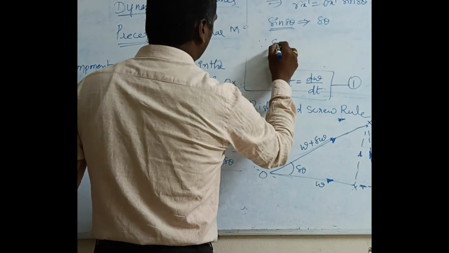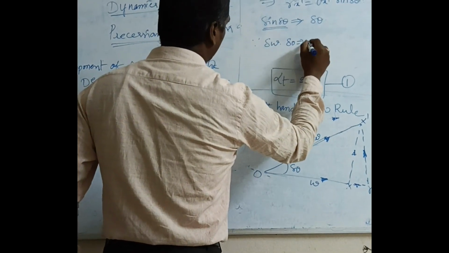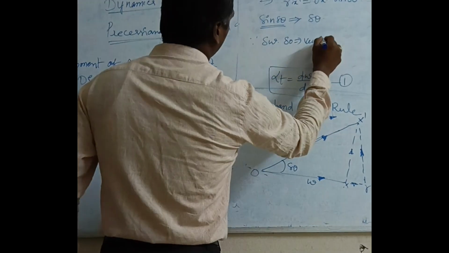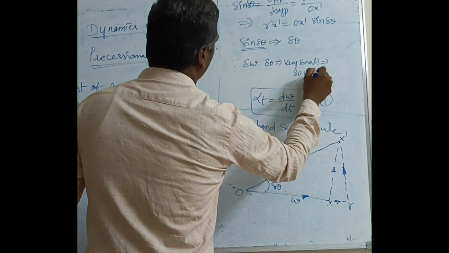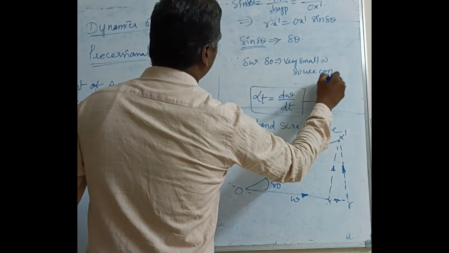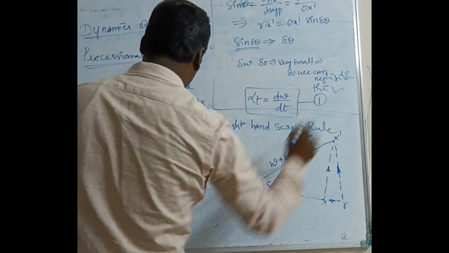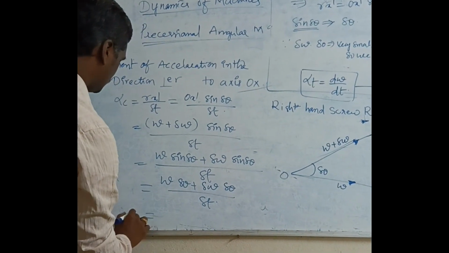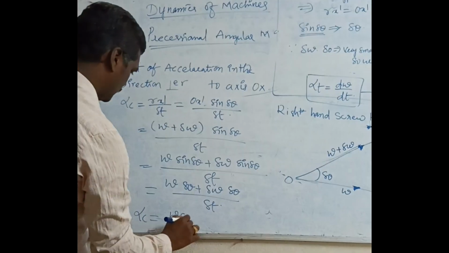Since delta omega into delta theta is very small, we can neglect this value. So we can write alpha c is equal to omega delta theta by delta t.